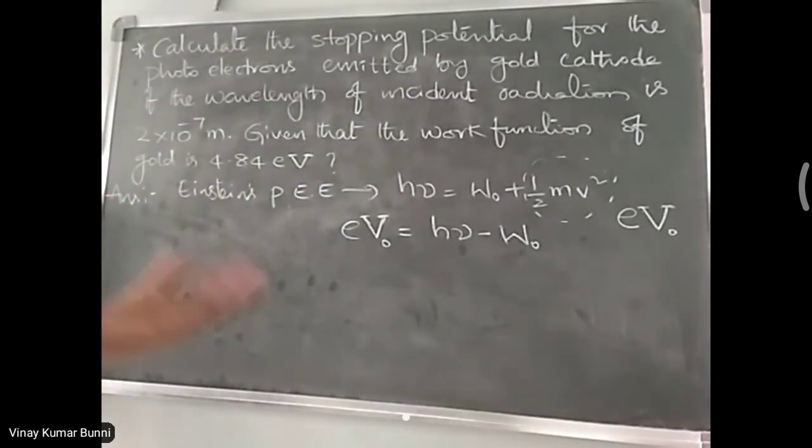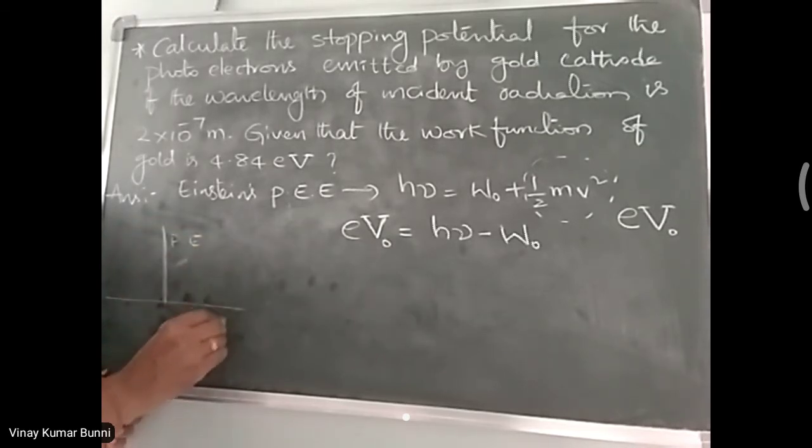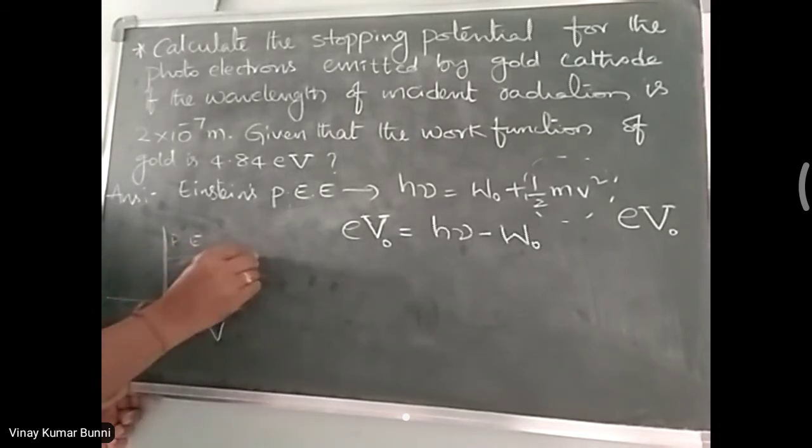We already learned a graph while studying characteristics. This is photoelectrons and this is stopping potential, and at zero value the current doesn't become zero, it goes like this.